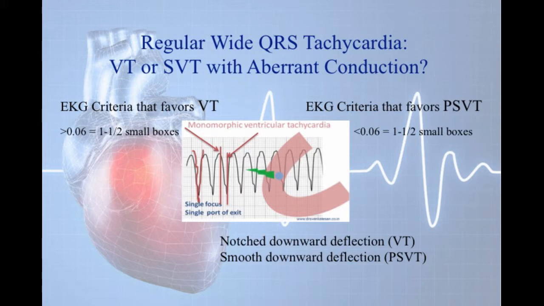EKG criteria for VTAC, one simple thing: as a general rule you can't tell the isoelectric line on these, so it's hard to tell what your complexes are. Obviously this is a wide rhythm on this slide.